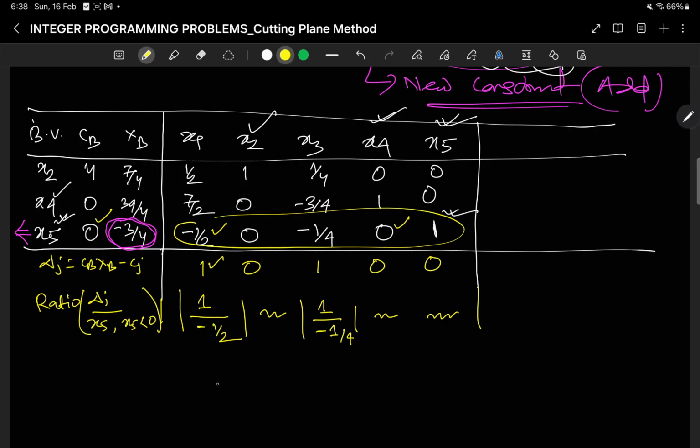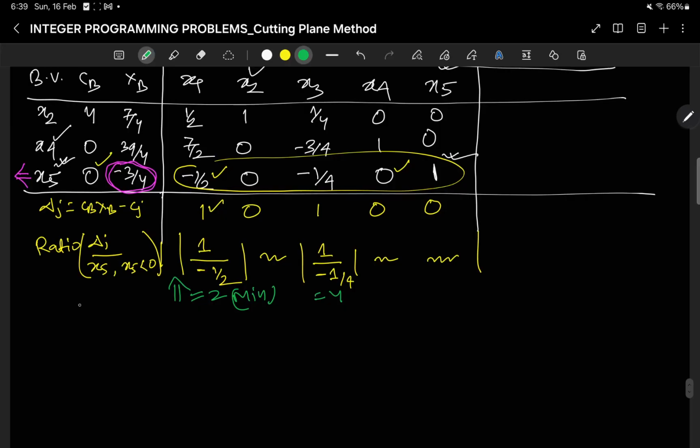Out of these two we find the minimum ratio. If you simplify, it is 2 here and 4 here. So 2 is minimum, and this x1 will enter into the base.